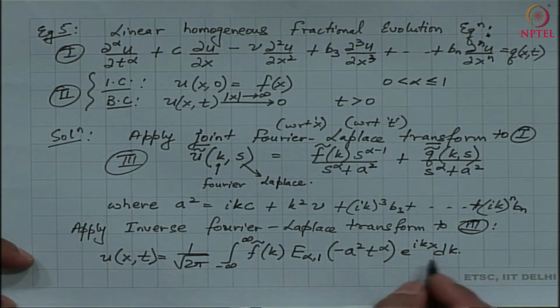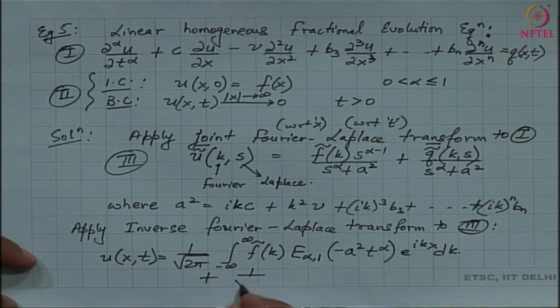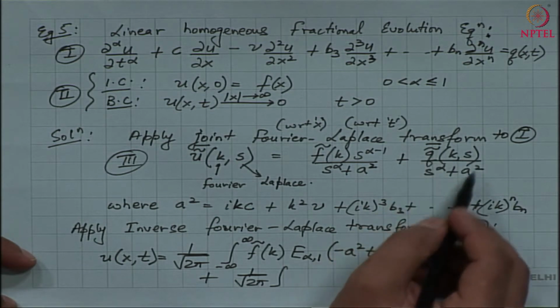So, that is my Fourier inverse transform, plus 1 by square root 2 pi coming from the second expression.